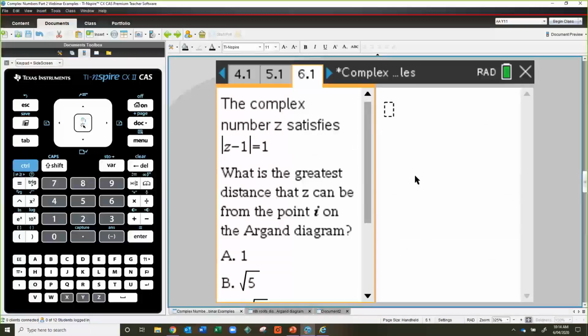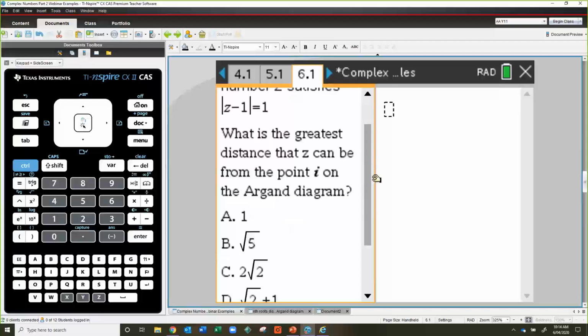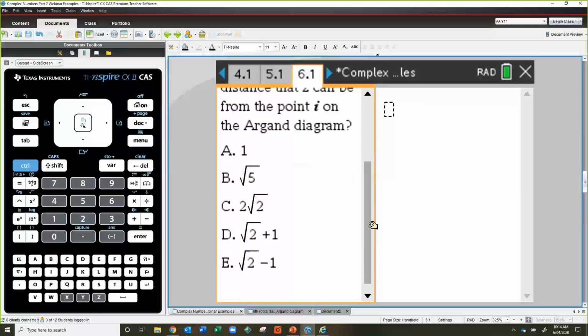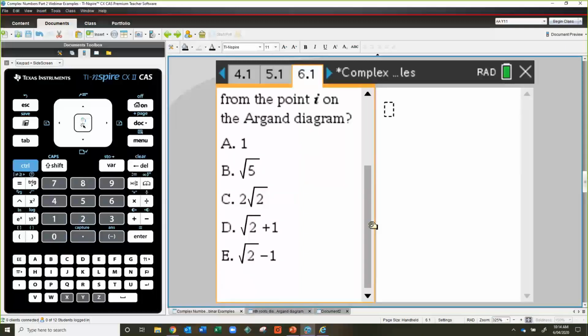Next example, the complex number z satisfies modulus z minus 1 is 1. What is the greatest distance that z can be from the point I on the Argand diagram? And we have those 5 options.